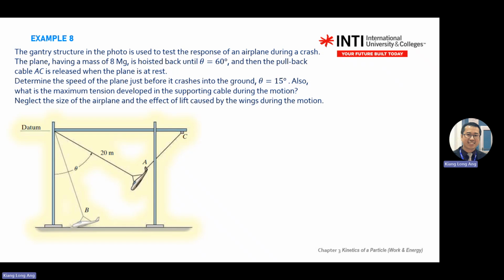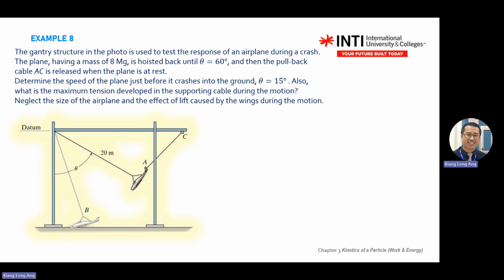Now, before you go further, you look at the question, you can roughly guess what the question is trying to do. You look at the particle. Once you cut the cable AC, how does the object move? Does it move in a straight line or curved line? Curved. So it falls under curvilinear motion.